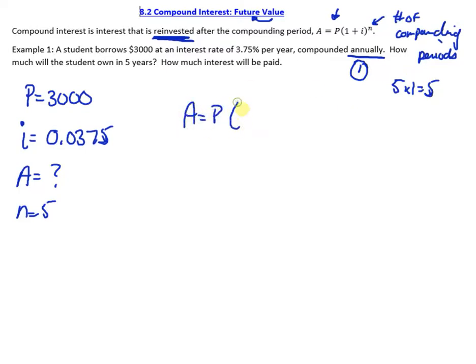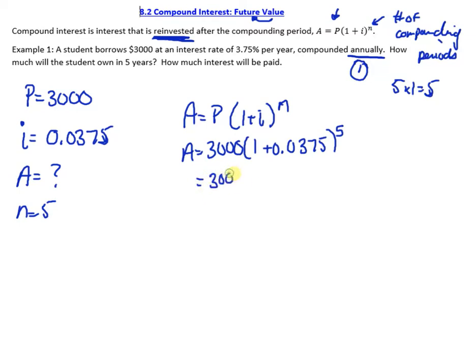Okay, so let's write out this equation. We don't know our amount, but our principal is 3,000, and then 1 plus 0.0375 to the exponent 5. We must follow BEDMAS. I'll do every step here. Brackets first, 1.0375.